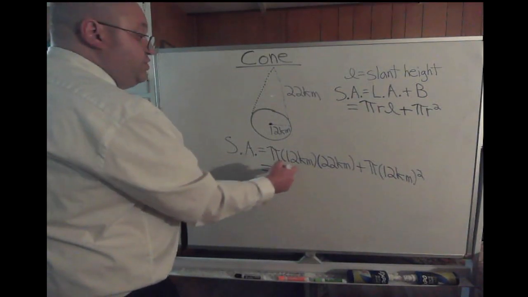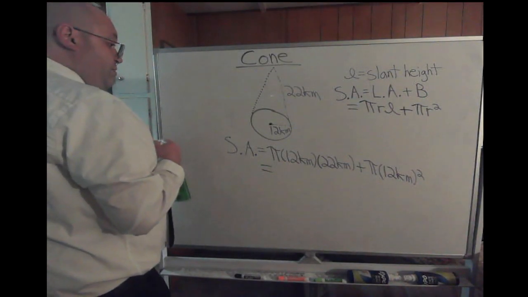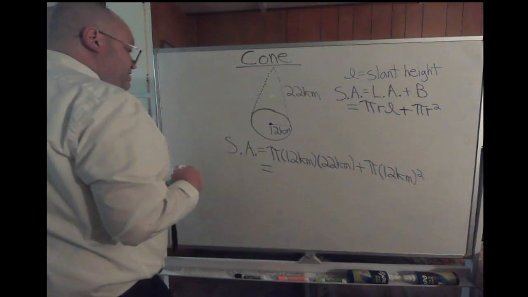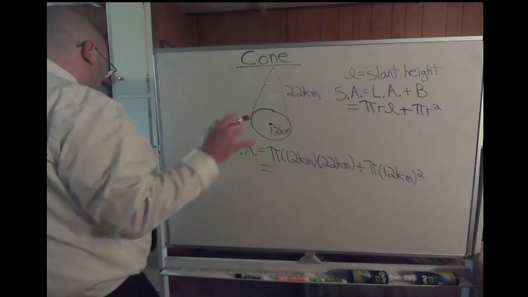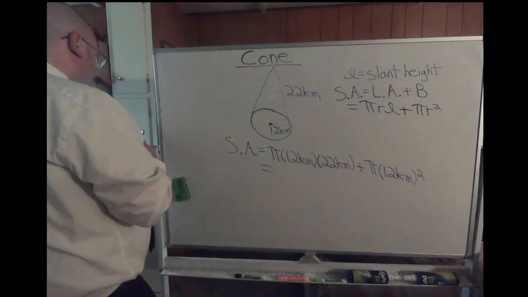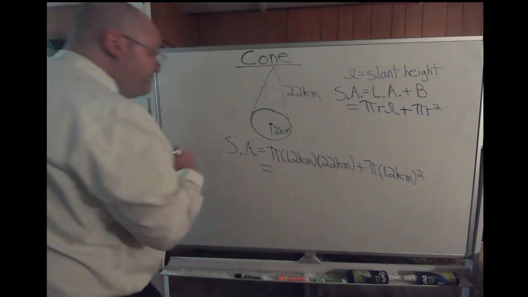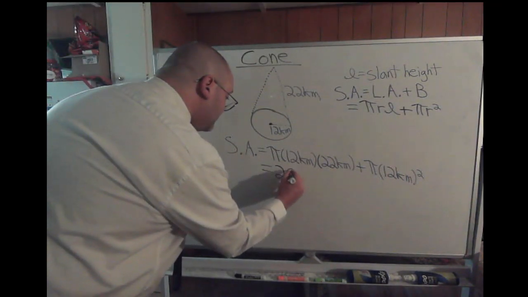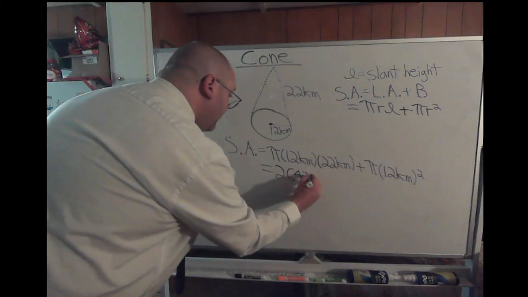So let's do the multiplication for the first term. I've got to take 22 times 12. I'm going to treat pi like a variable for just a minute. So 22 times 12 is 264. I would get 264 pi.